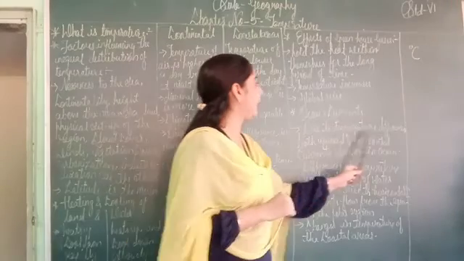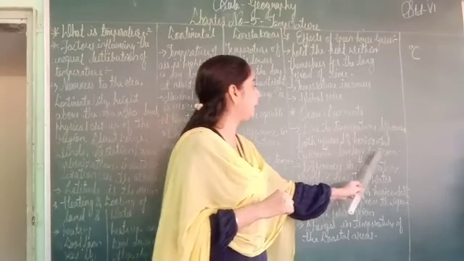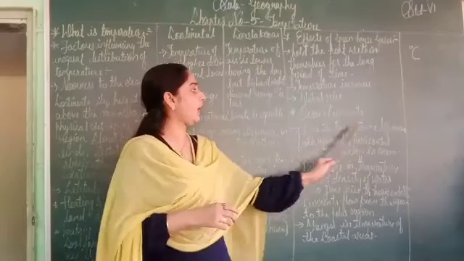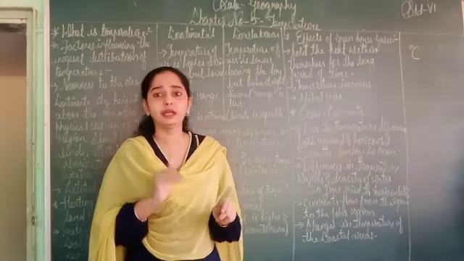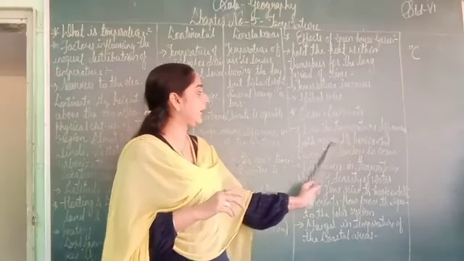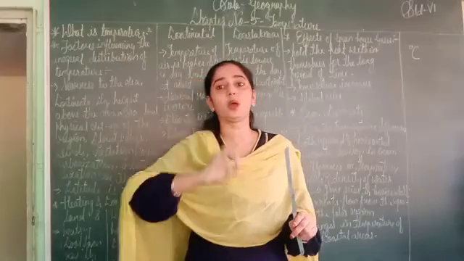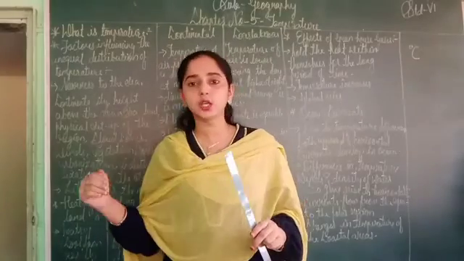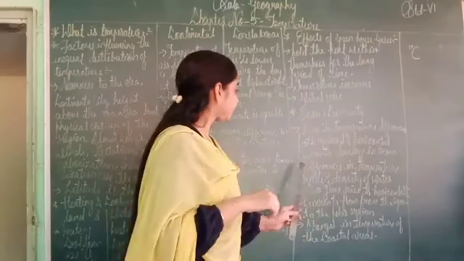Due to temperature differences, both upward and horizontal currents develop in the ocean. The upward current moves vertically, and horizontally the currents develop in the ocean.